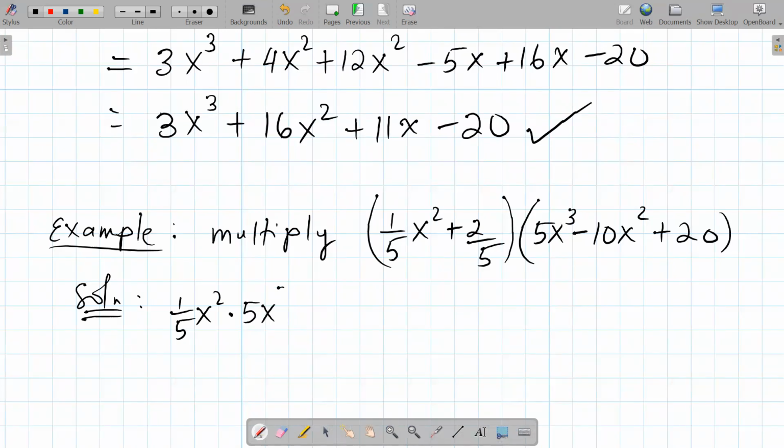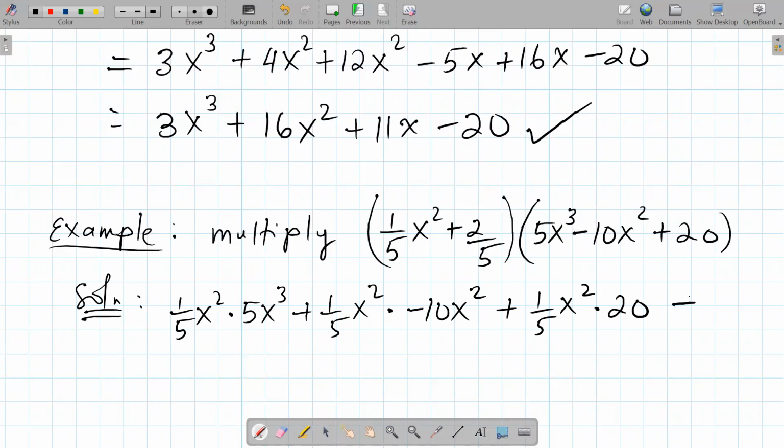5x cubed, 5x squared times minus 10x squared, plus 1 over 5x squared times 20.